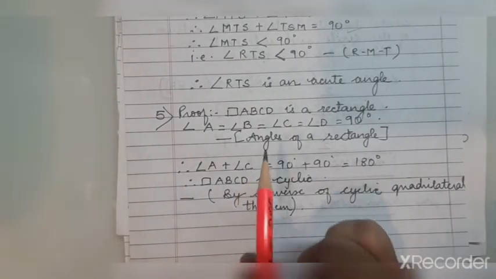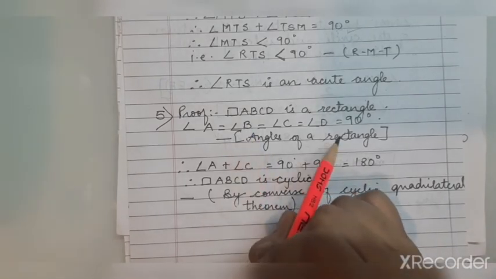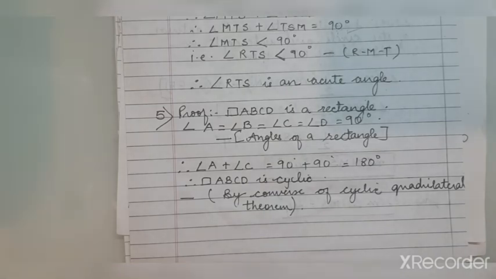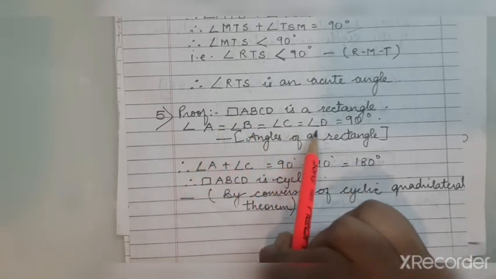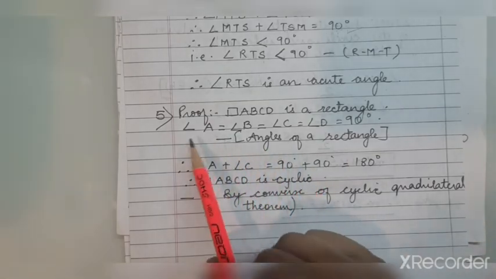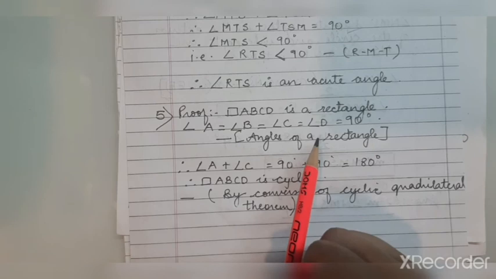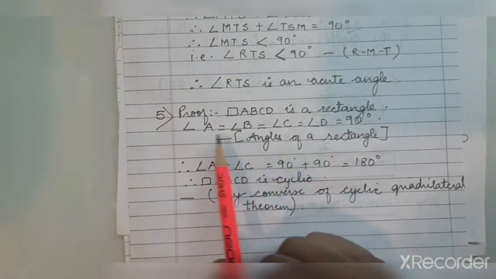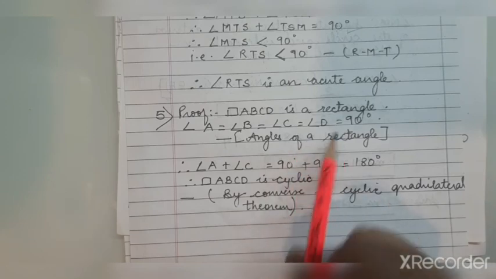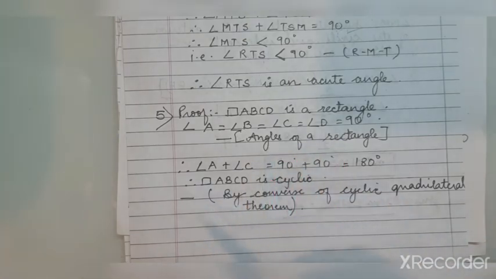Now they have given that there is a rectangle, so we will consider that quadrilateral ABCD is a rectangle. If ABCD is a rectangle, then its angles are 90 degrees. We know the property of a rectangle that the measure of all the angles of a rectangle is 90 degrees. So we will write angle A is equal to angle B is equal to angle C is equal to angle D equal to 90 degrees, angles of a rectangle.